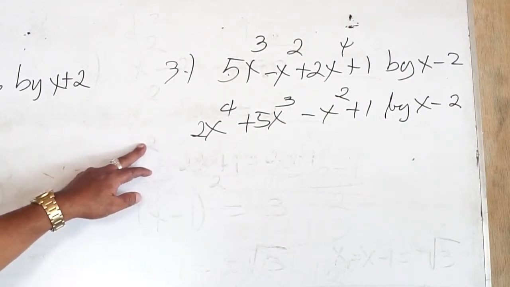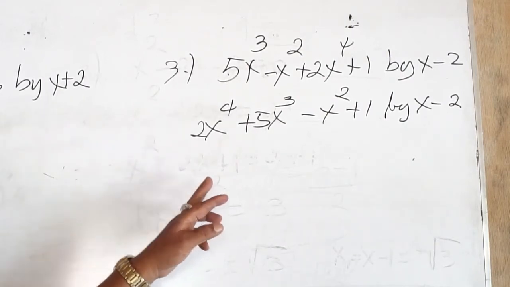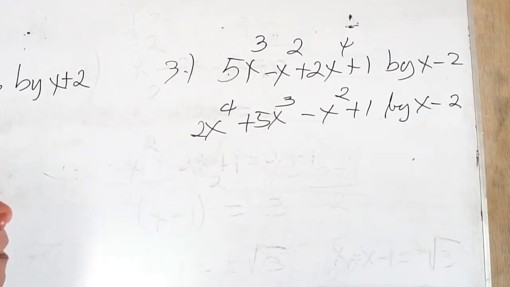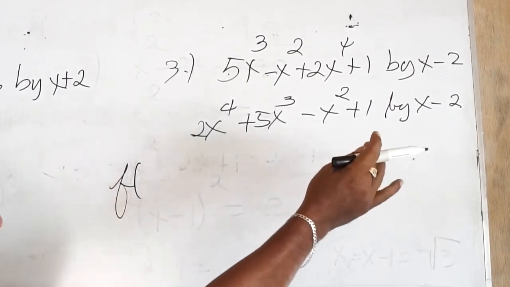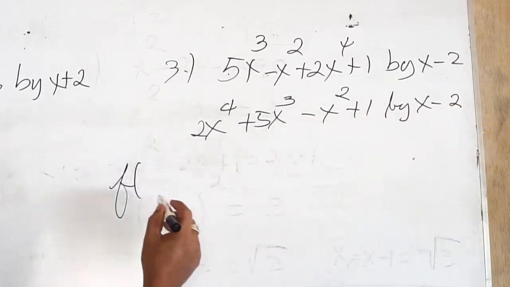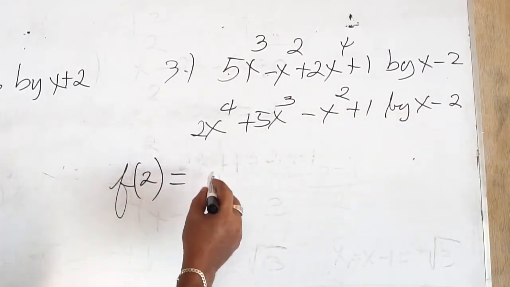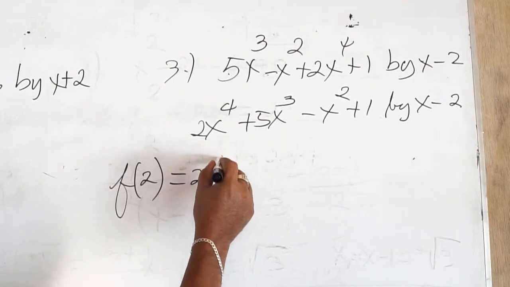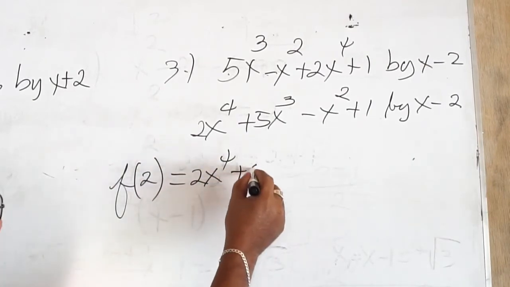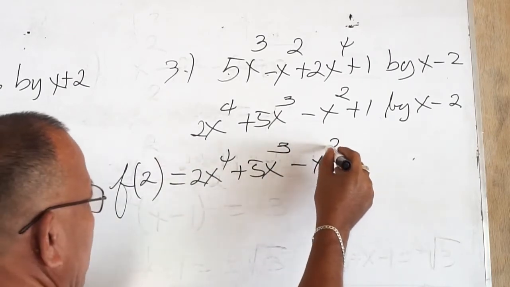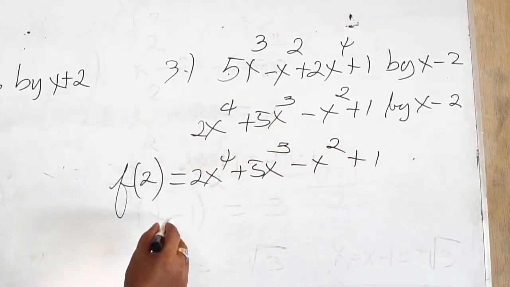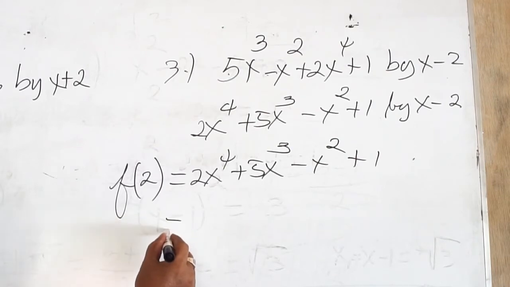Determine the remainder of 2x to the 4th power plus 5x cubed minus x squared plus 1. So we have f of, instead of negative, change to positive 2, equals 2x to the 4th power plus 5x cubed minus x squared plus 1. Then substitute the value of x, which is positive 2.